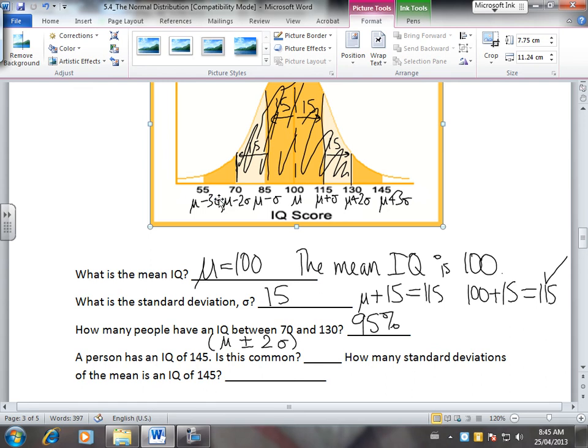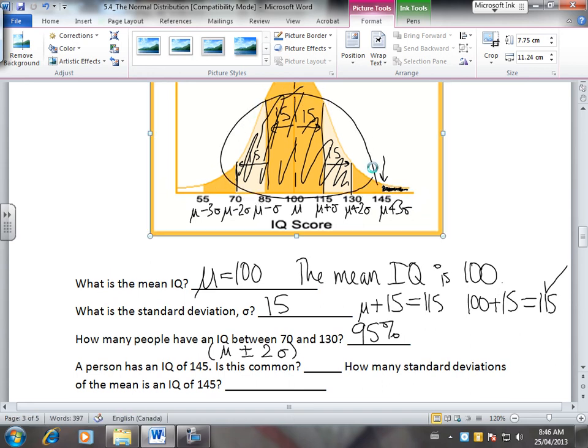Okay, the next question is, a person has an IQ of 145. Is this common? So go find 145, which is over here. When a person has an IQ of 145 or higher, they fall in this tiny little area over here. Looking at this area and the whole rest of the graph, is an IQ of 145 common?